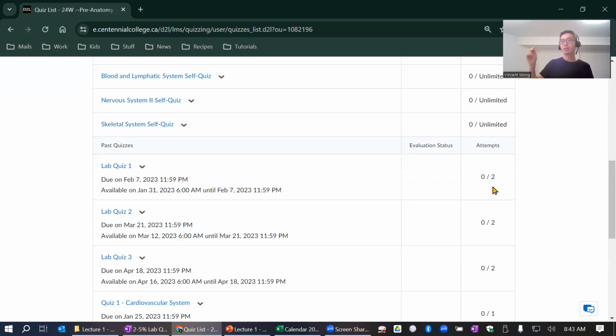Okay, so 2 attempts, the highest score is the one that counts. Statistically speaking, most people get over 95 on these lab quizzes, if not 100. Okay, so they're basically like free marks. You just have to go through the work and get that extra 10% to cushion your grade a little bit, right? Any questions about the structure of the lab?